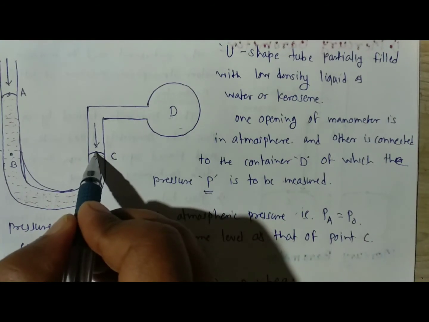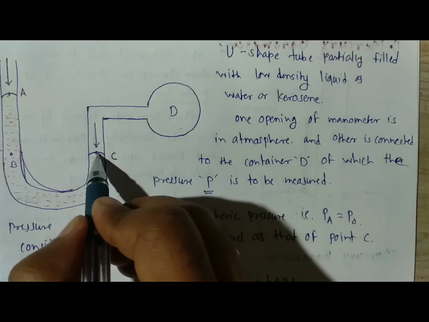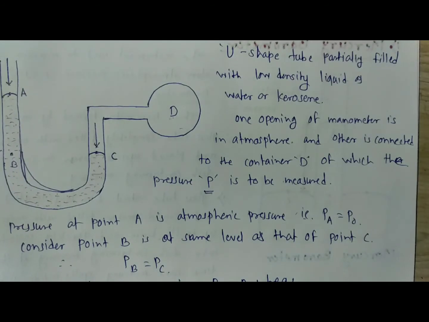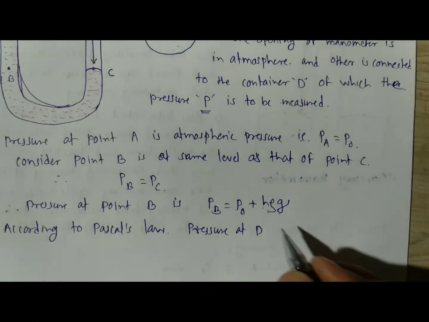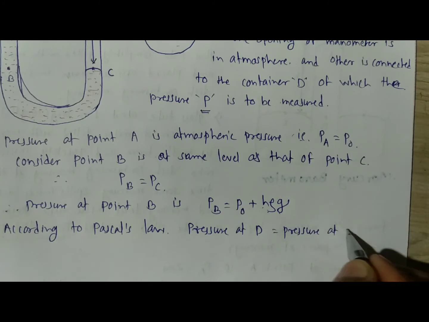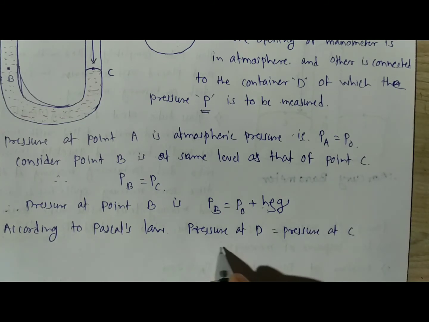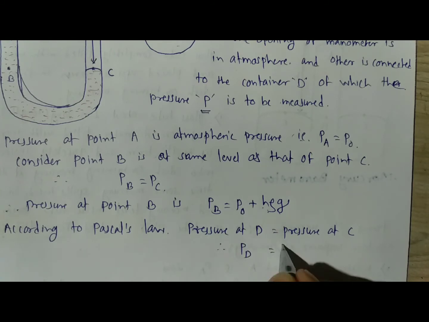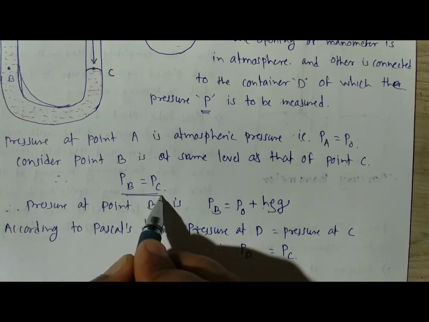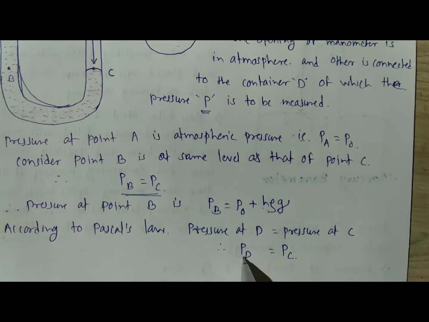That means point C is at the surface of that liquid, but this point C has a pressure equal to the pressure at D. But we know PB is equal to PC, and PD is equal to PC.